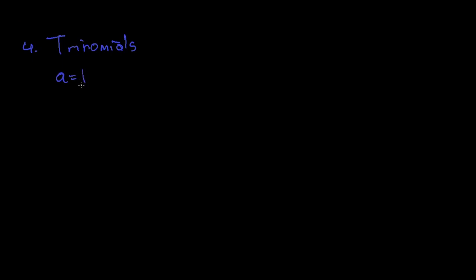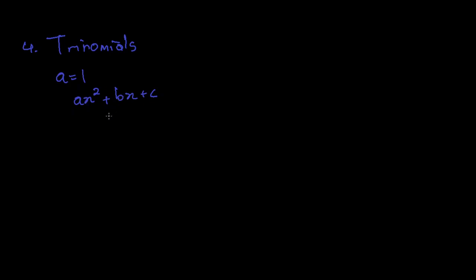What do I mean by that? Well, you know that a trinomial in standard form is ax squared plus bx plus c. So we're going to learn how to factorize trinomials when the value of a is equal to positive 1.